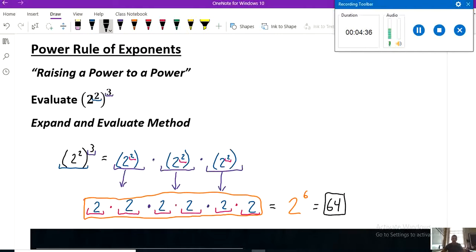Now all that was pretty simple to do, but if we get some higher exponents in here, or a variable as the base, we need to know a shortcut that we can use.